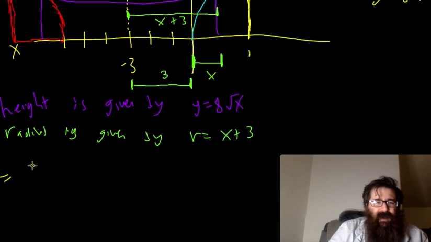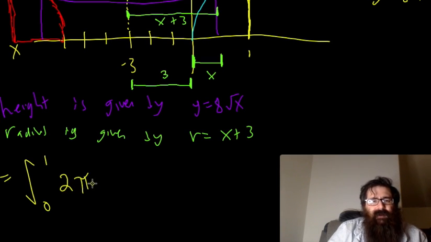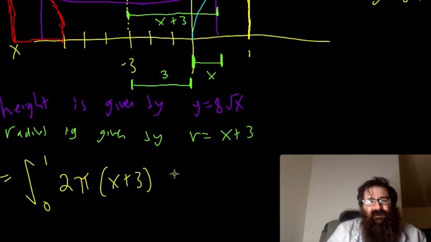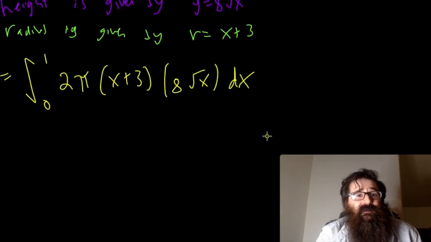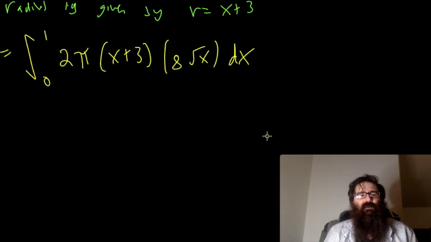So we have bounds from 0 to 1, and it's 2 times pi times the radius. The radius is x plus 3 times the height, which is 8 square root of x, and we should be integrating with respect to x. And this is our setup.